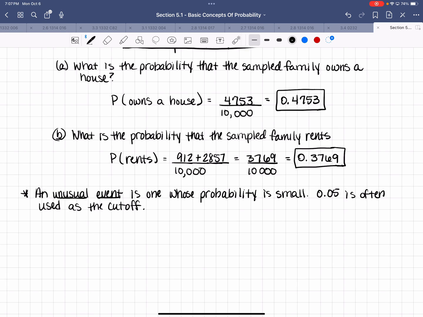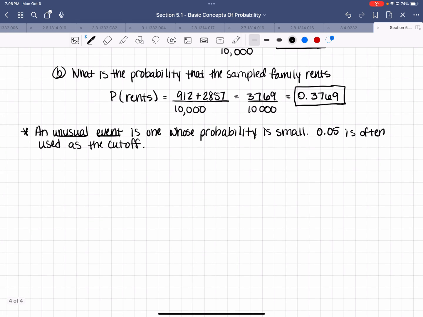Because typically your population is not going to have more than 5% that are gifted. They're the little tail on your symmetrical curve. They're the little tail at the end. There's the 5% at the end. There's the 5% at the other end, okay? But it's an unusual event if it's 5% or less, pretty much. So 0.05, or you get something less than 0.05, it's considered an unusual event.